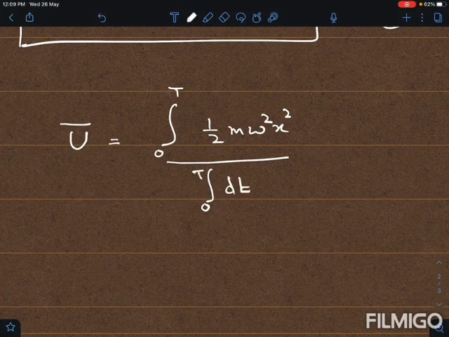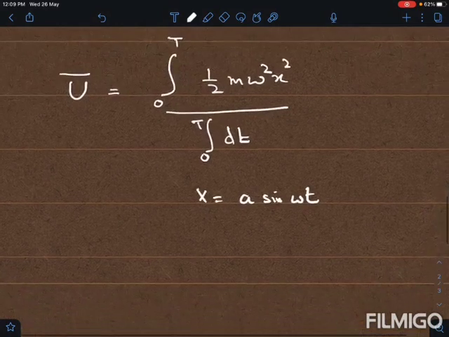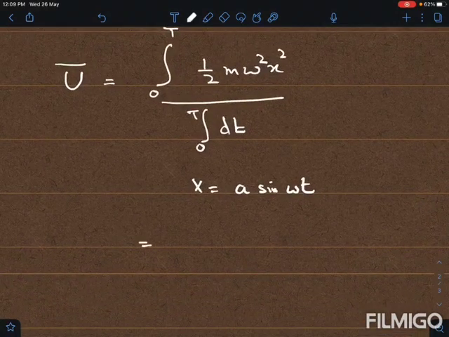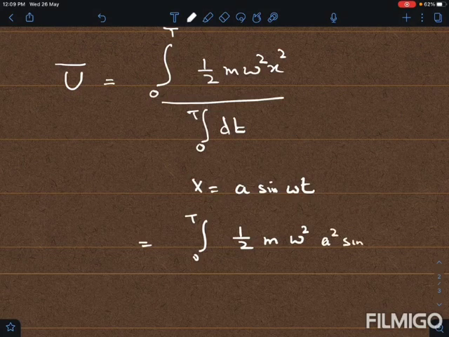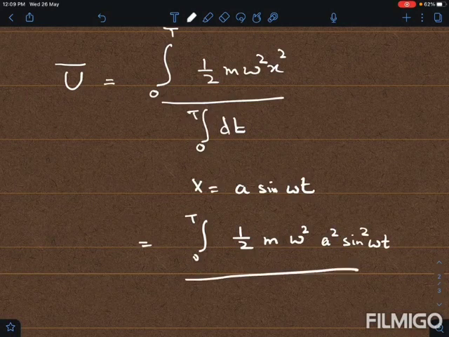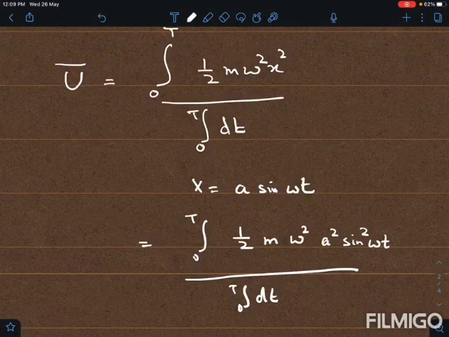So substituting x is equal to a sine omega t, this is equal to the integral from 0 to T of half m omega square A square sine square omega t, the whole divided by the integral from 0 to T dt.